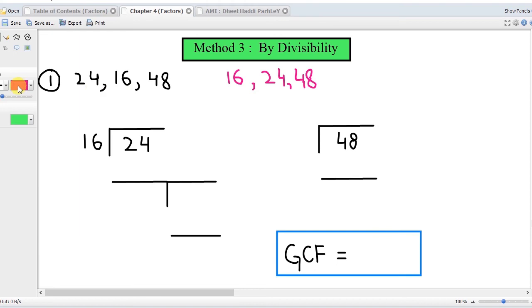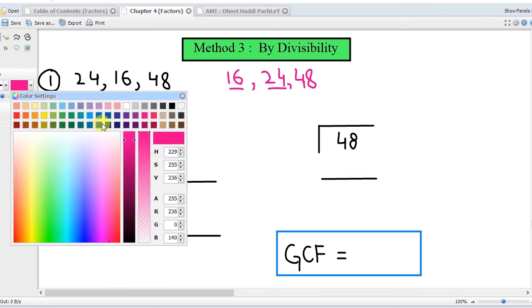Okay, now what we have to do is write this number 16 here, so that will become our divisor. The next number 24 is our dividend, which comes inside, right? We are not yet sure at what point we are going to use the third number, so let's just start solving the question first.